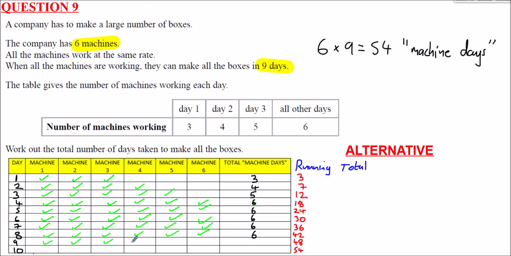We could go 1, 2, 3, 4, 5, 6. That's another 6. And finally, 1, 2, 3, 4, 5, 6. Gives us our final 6 needed. Brings us up to 54 in total, which is our target number of machine days. And we reach 54 after a total of 10 days.